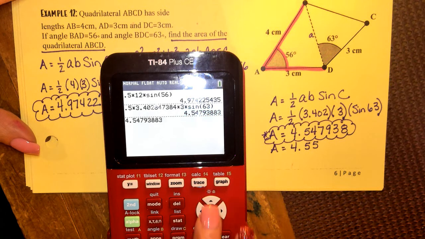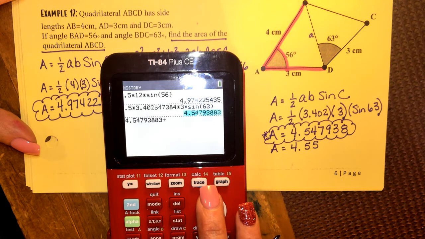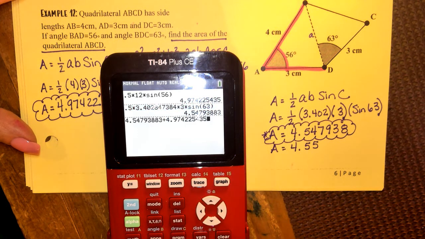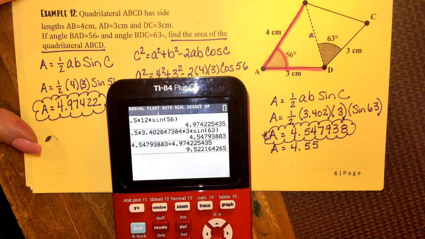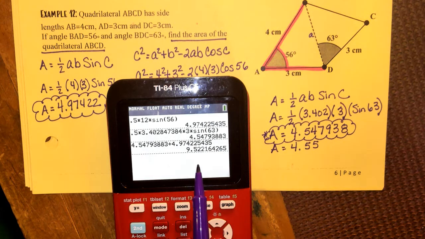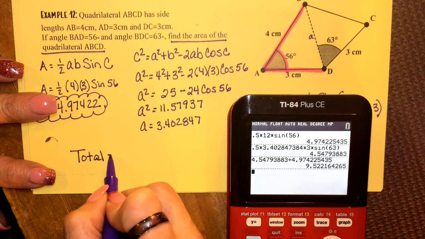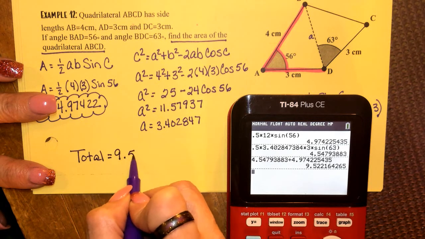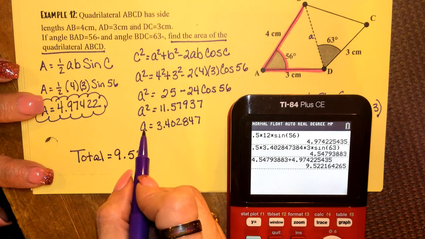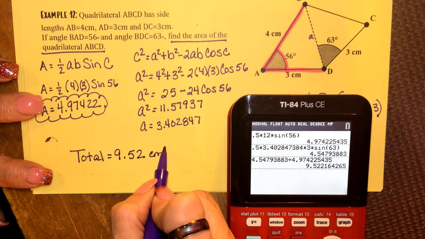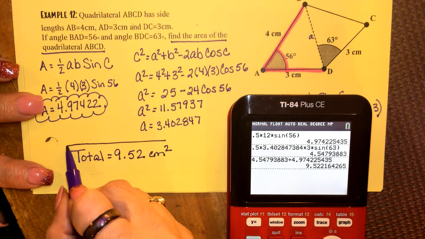I need the second one plus this one equals, I got, the total is 9.522. So the total is 9.52. And it was centimeters, and we're doing the area, so it's centimeters squared.